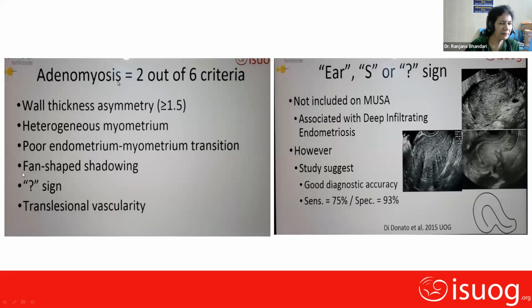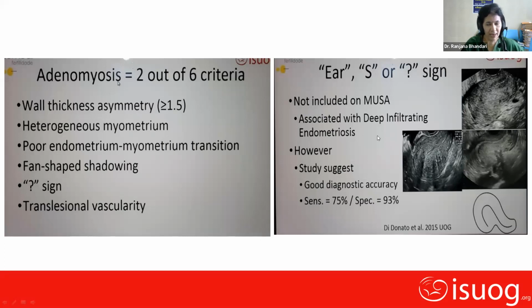So what do you mean by this? Nowadays, this question mark sign is being given a lot of importance. See, this is the question mark sign. See, this one is a question mark sign. But it is not included in MUSA. MUSA is Morphological Uterus Sonographic Assessment.